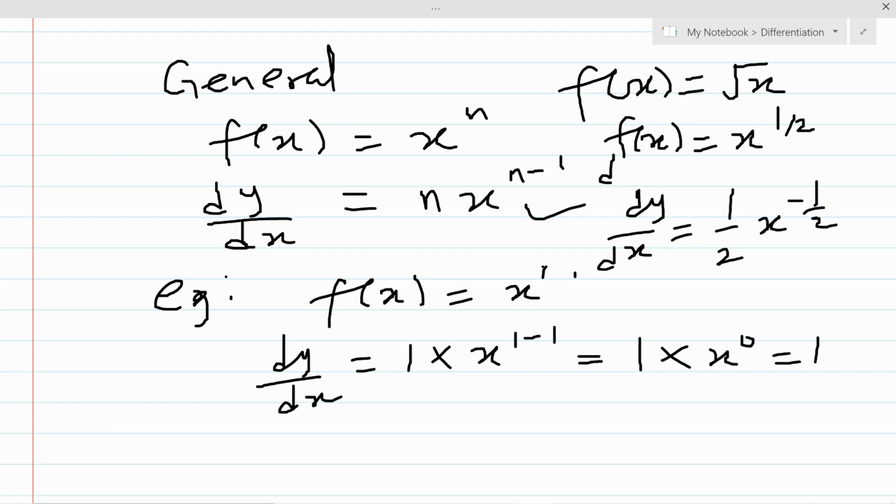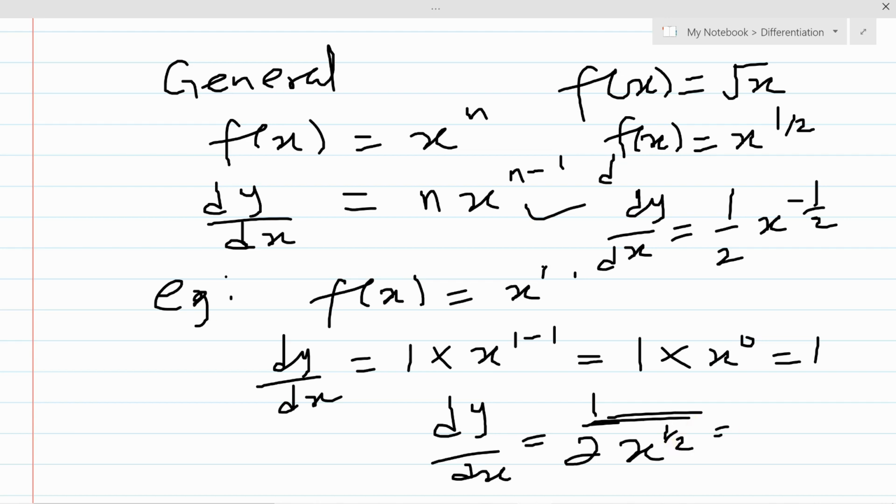And from indices, we know that, so I'm writing it down here, dy dx will be equal to 1 over 2. Then since from indices, we can write this as the whole of this 1 over x to the power half, and x to the power half is the square root of x, so it becomes 1 over 2 root x. If you remember, this is what we had. Okay, so this is the easiest way you can differentiate any polynomial functions.